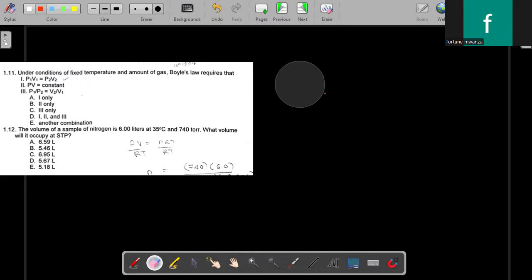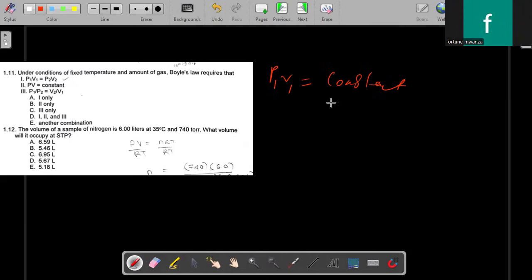So meaning your P1 V1 will be equal to a constant. Your P1 V1 is always constant. Also, your P1 V1 is equal to P2 V2. That's what this means.